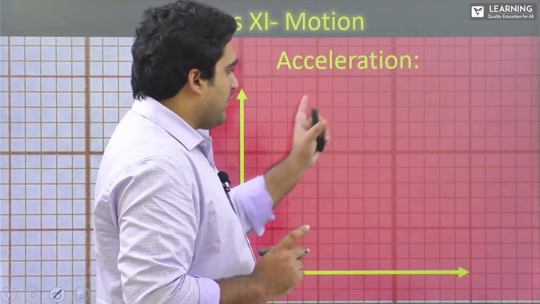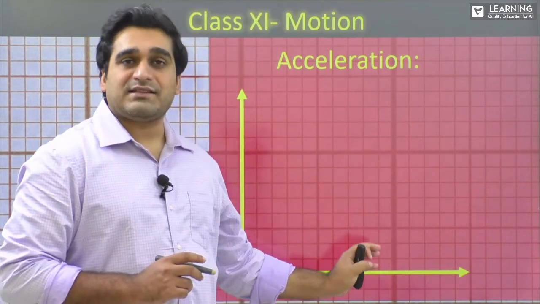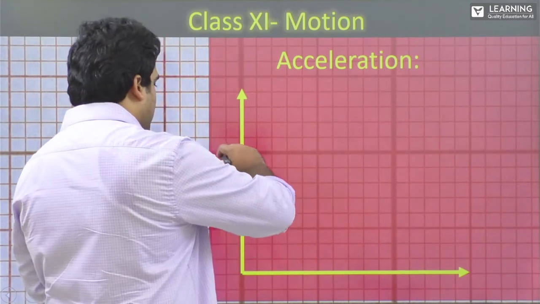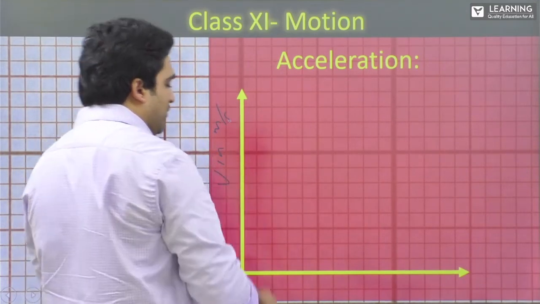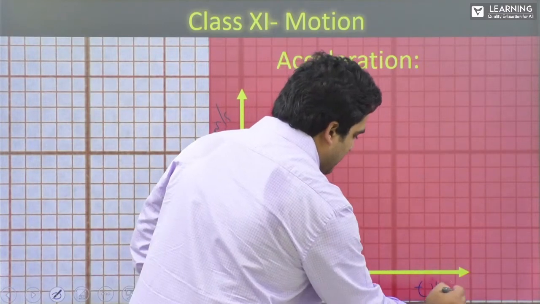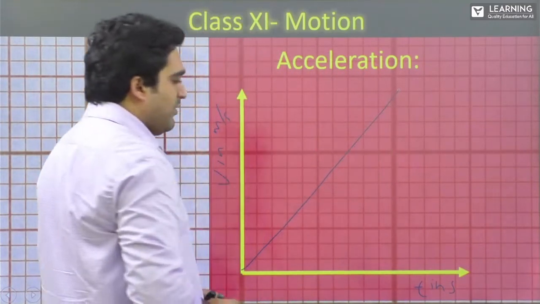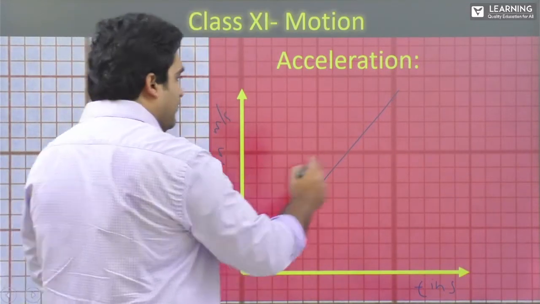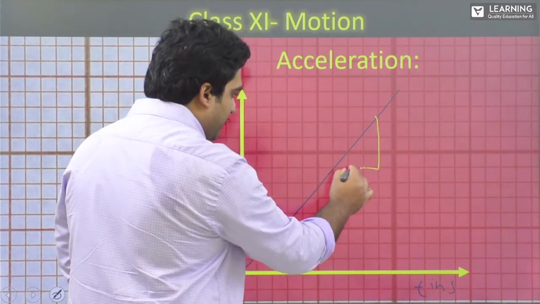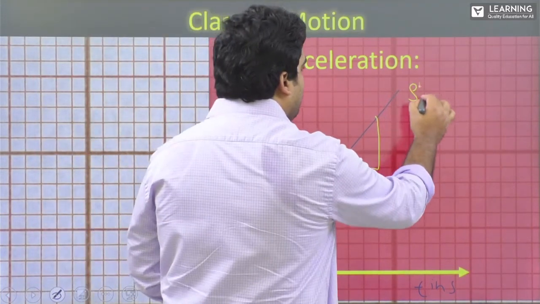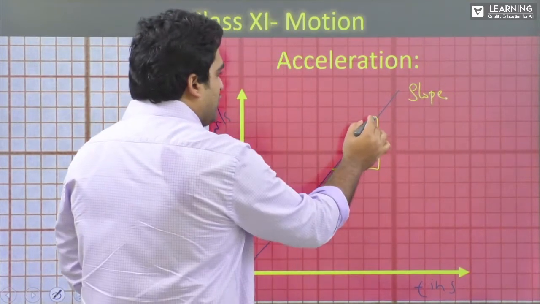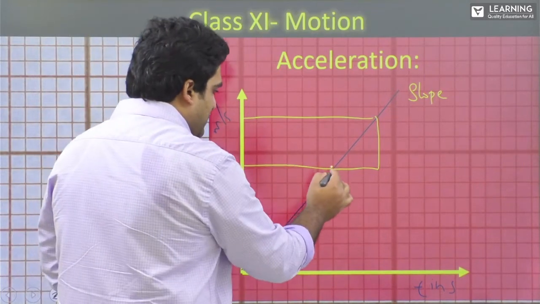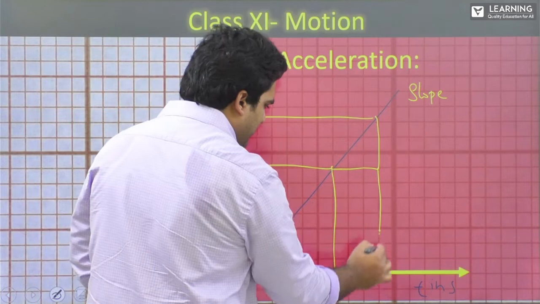All right. How do we identify acceleration in a velocity time graph? Recollect, velocity in meter per second along the y-axis, time in seconds. You obtain a straight line by plotting a set of points, and then you find, you guessed it right, the slope. So you draw a projection along your y-axis and a projection along the x-axis, meaning the time axis.